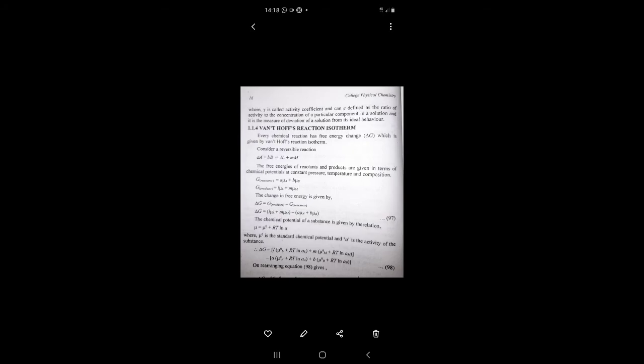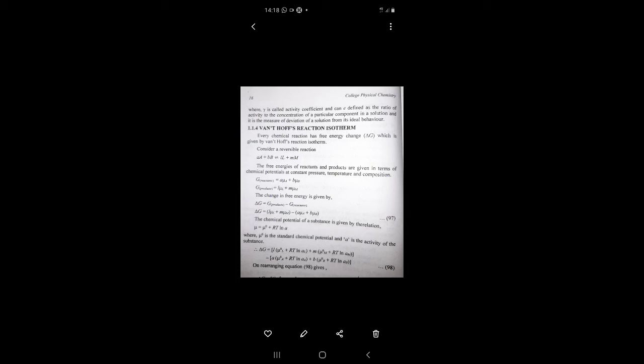Now we want to learn one more equation, the Van 't Hoff reaction isotherm, and that is very important for examinations also. What is the Van 't Hoff reaction isotherm? Every chemical reaction has a free energy change, delta G, which is given by the Van 't Hoff reaction isotherm.